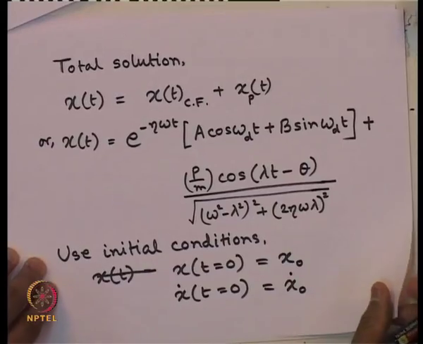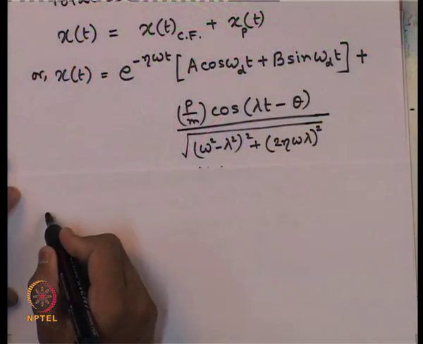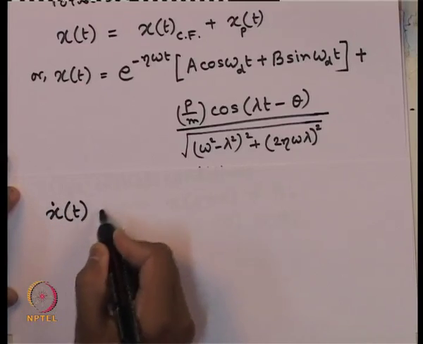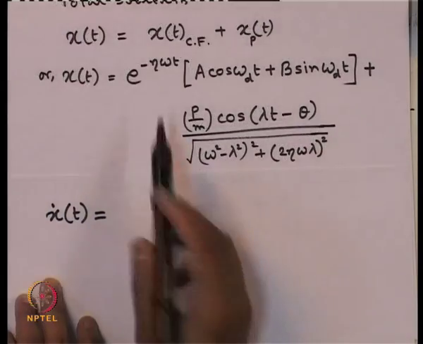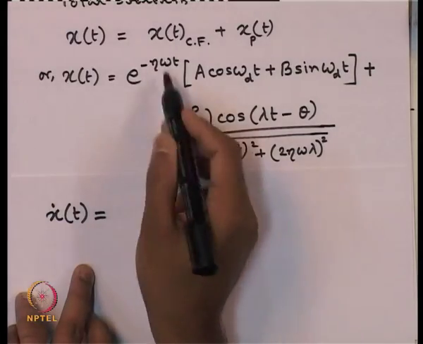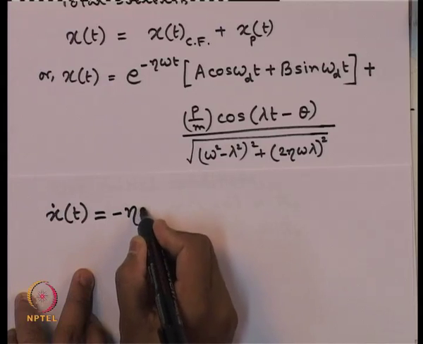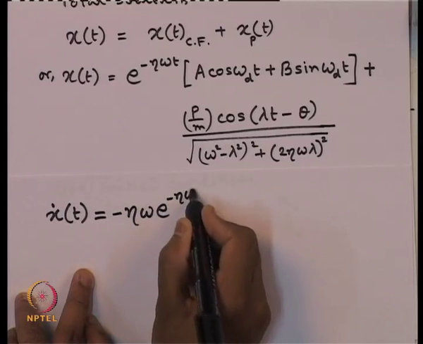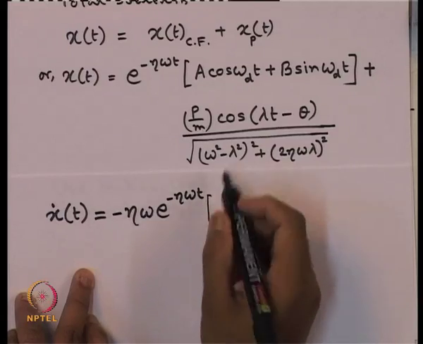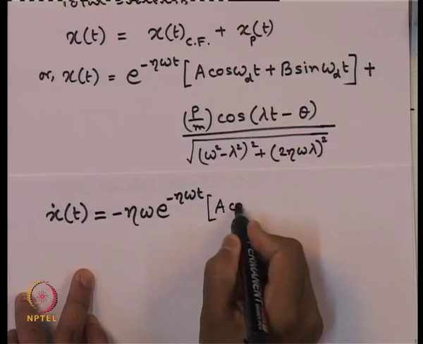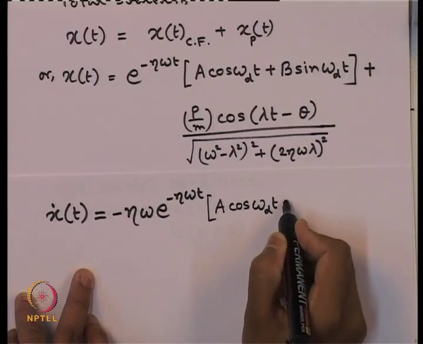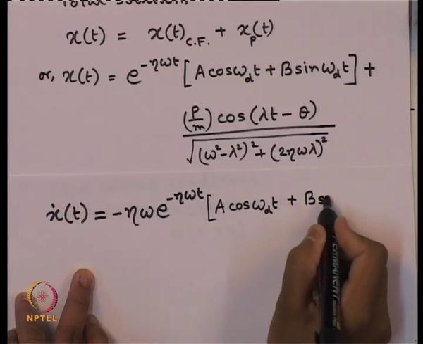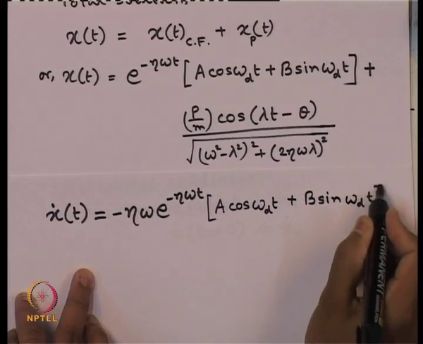Let us do that. Before doing that, what we need to do is differentiate this x of t first with respect to t to write down the expression for the velocity. First I am differentiating this component: minus eta omega e to the power minus eta omega t times a cosine omega d t plus b sine omega d t.